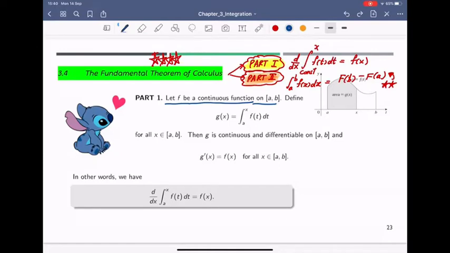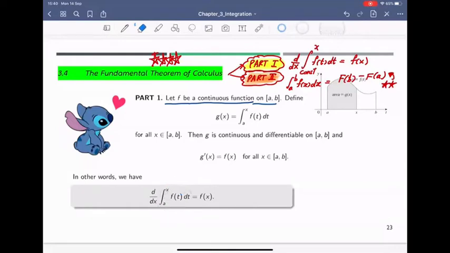This means your differential operator and your integral operator are inverses of each other. The good thing is that you don't have to integrate inside. If you have the derivative attached, fine, we just replace the variable inside with x, and done.